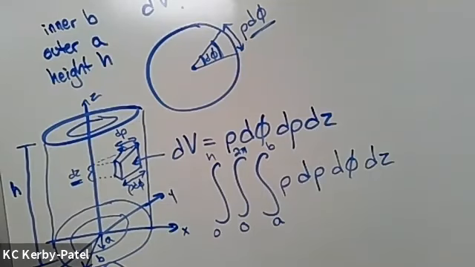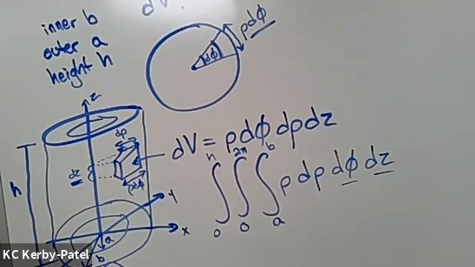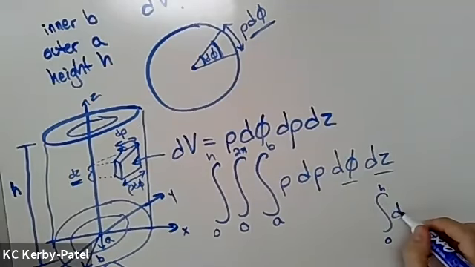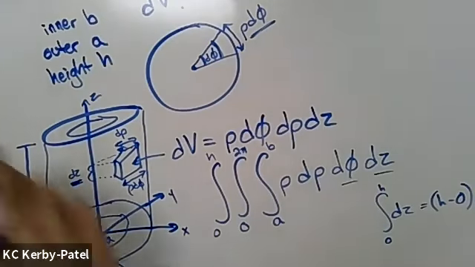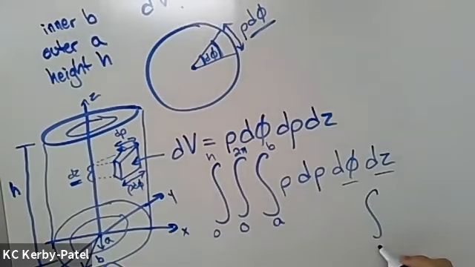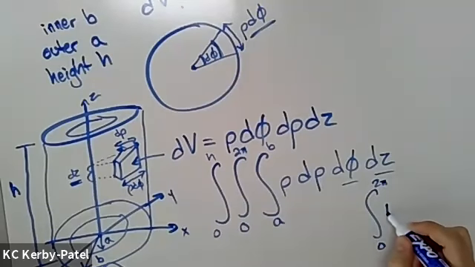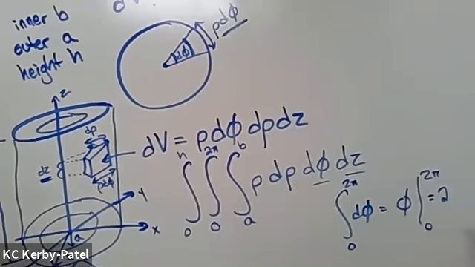I can evaluate these integrals, the ones in phi and z, pretty straightforwardly because nothing inside the integral depends on phi or z. So I'm just having the integral from 0 to h of dz, which is h minus 0, which is equal to h. Same thing in phi, I can integrate from 0 to 2 pi d phi, which is phi evaluated from 0 to 2 pi, which is equal to 2 pi.